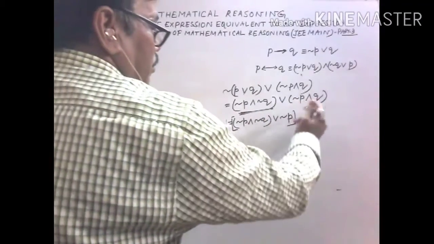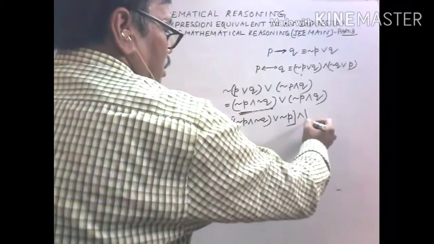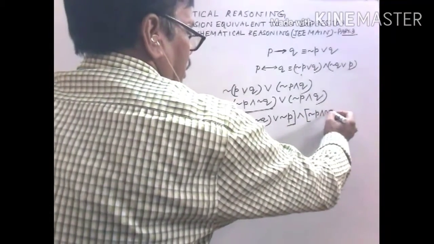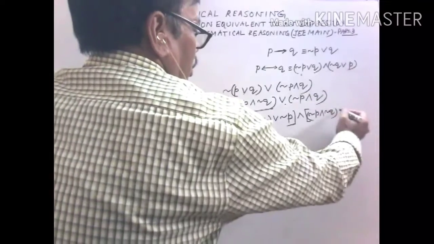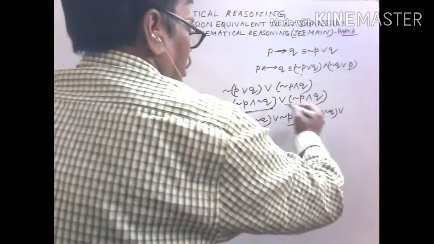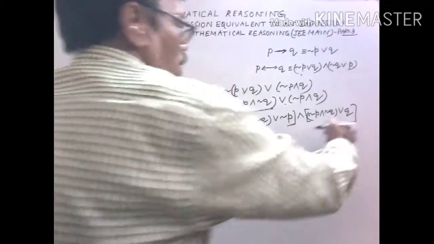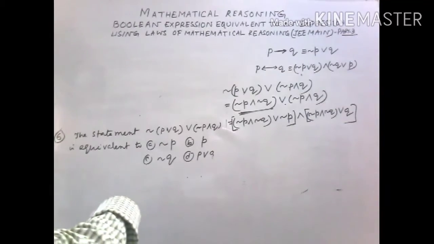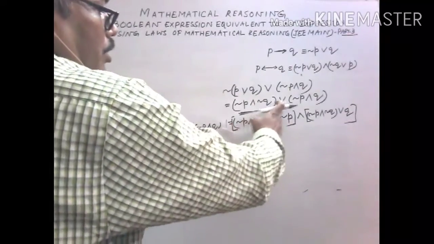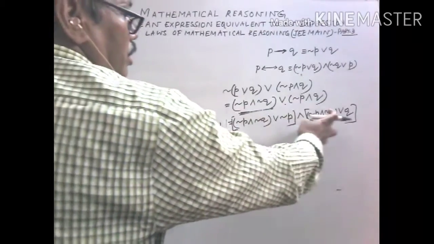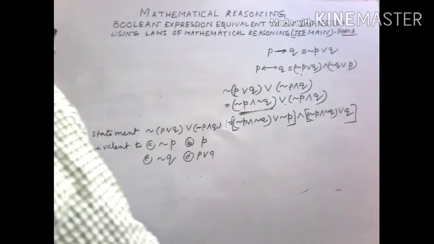This union negation P, then intersection, again negation P intersection negation Q, union Q. This union negation P, then this union negation Q.